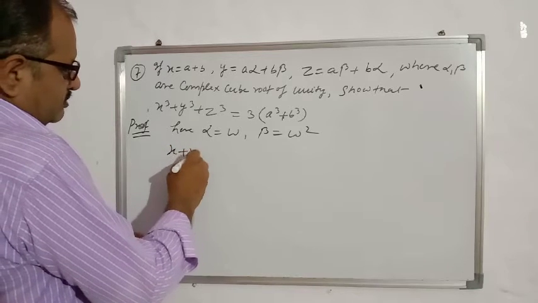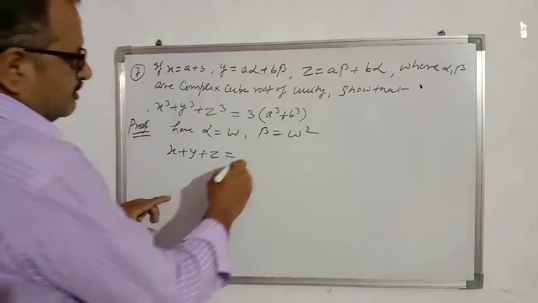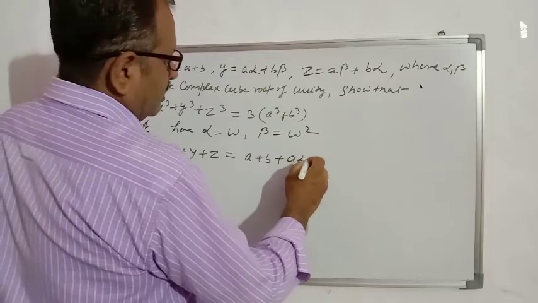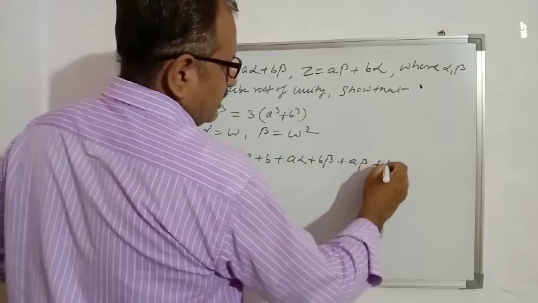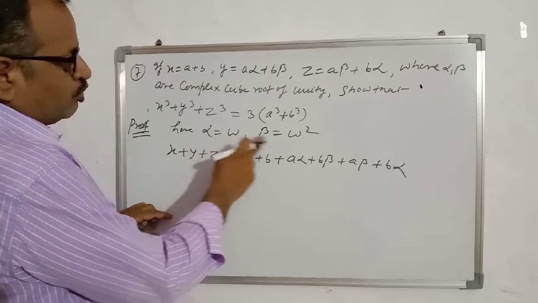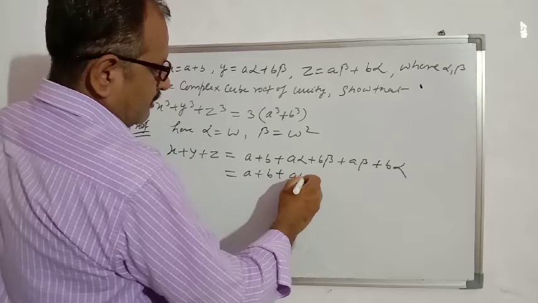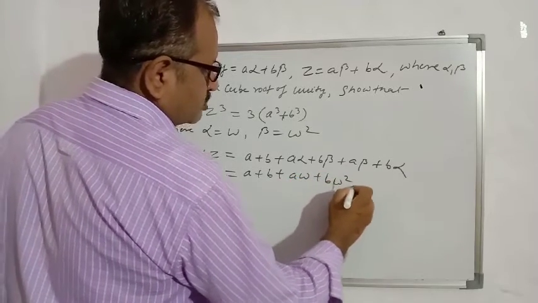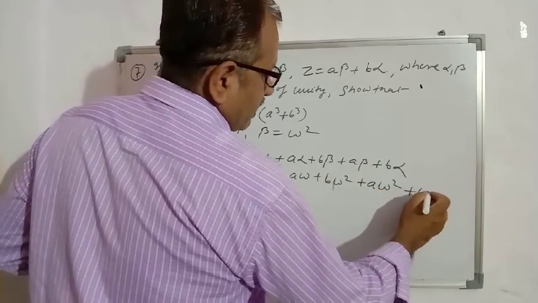Firstly find x plus y plus z. What will come x plus y plus z? So add it: a plus b, a alpha plus b beta, plus a beta plus b alpha. Now in place of alpha, beta we will put omega and omega square. So a plus b, a omega plus b omega square, plus a omega square plus b omega.